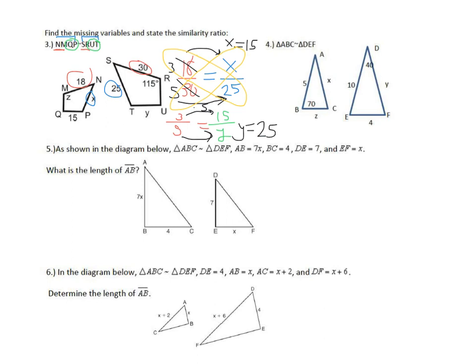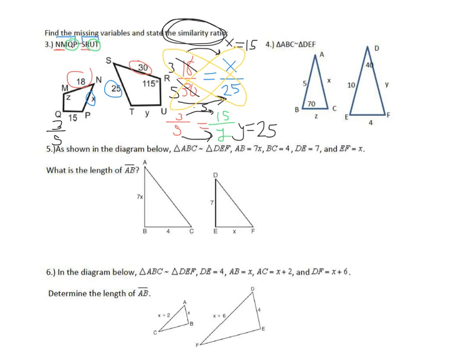Okay. To find the similarity ratio, what we're looking at is the ratio from every side on the left here, from any one of these sides, the ratio of that to any one of the ones on the right. So that first pair that we did, the 18 to 30, that reduced to 3/5. And just to double check that we did everything right today, if we just check any of the other pairs to make sure we get that same ratio.